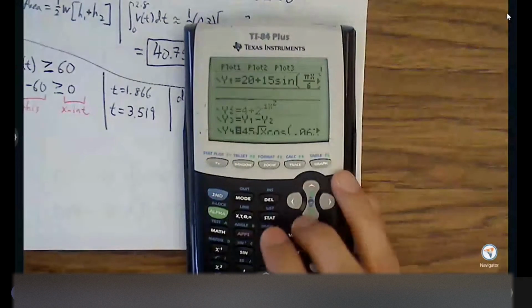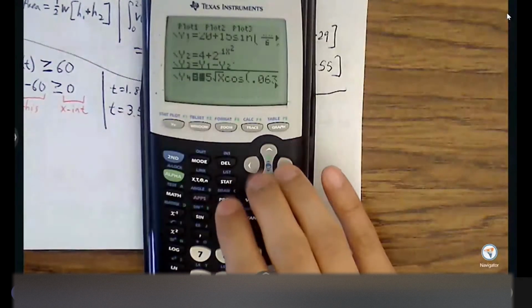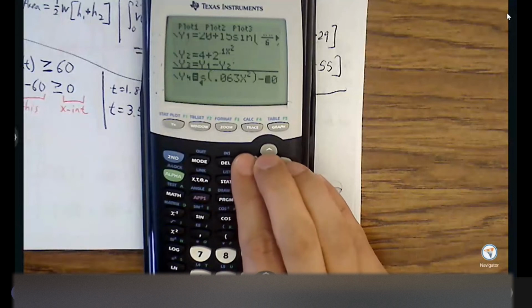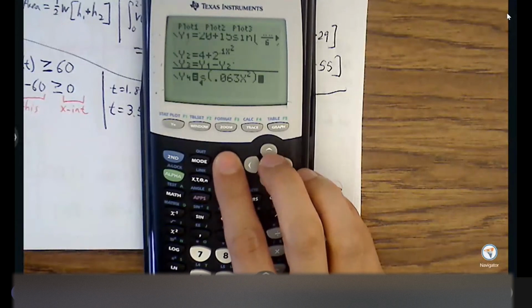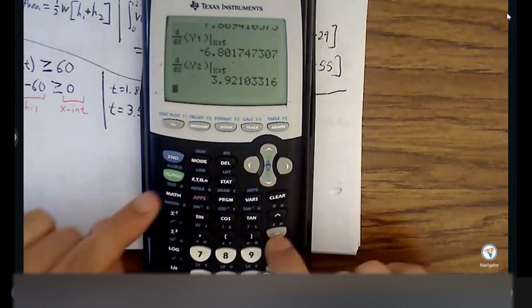Careful though that right now, if you're using Y4 and you did it the same way I did, you've got to remove that 60, because I just want to find the integral of my velocity function. So math 9.